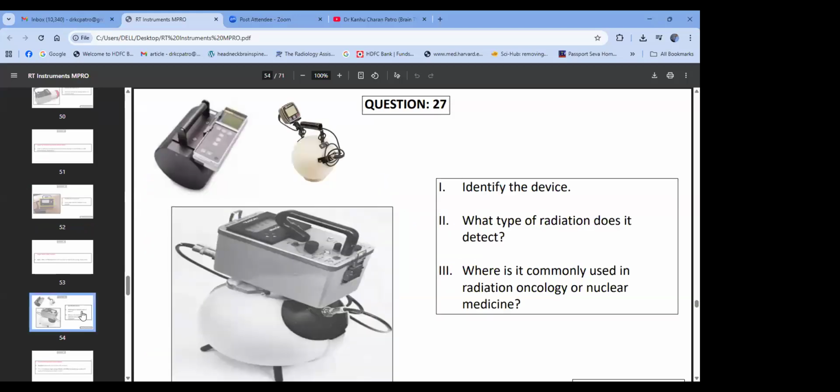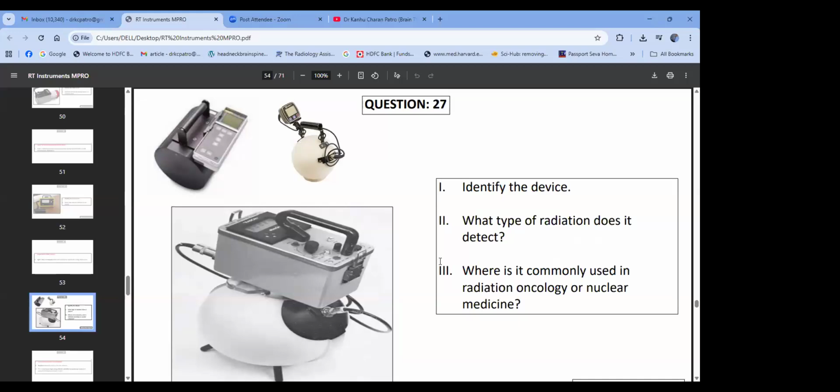Okay. So identify this equipment and mention what type of radiation it detects and where it is commonly used. So this is a neutron REM counter survey meter. This helps us to detect neutrons, especially fast and thermal neutrons.